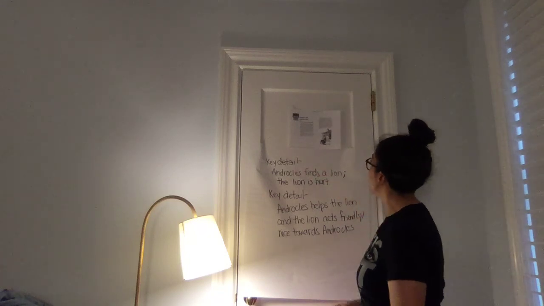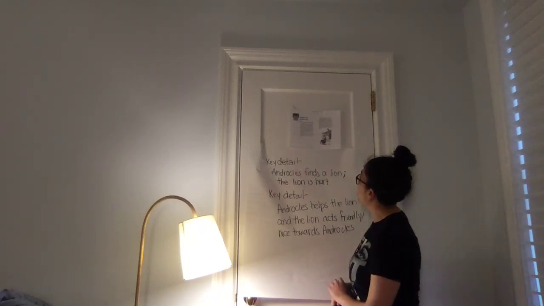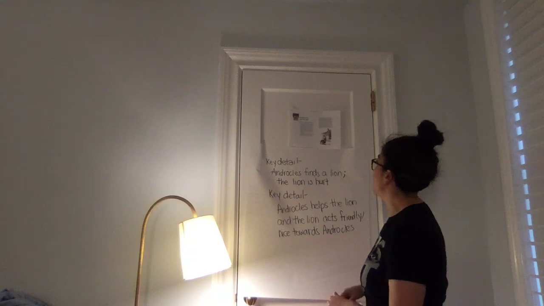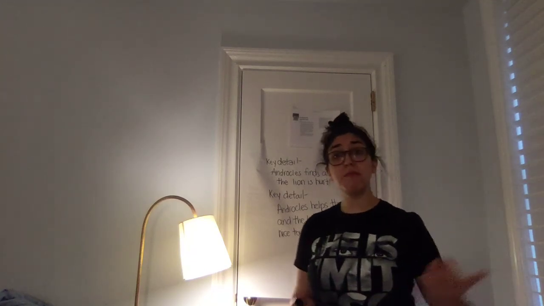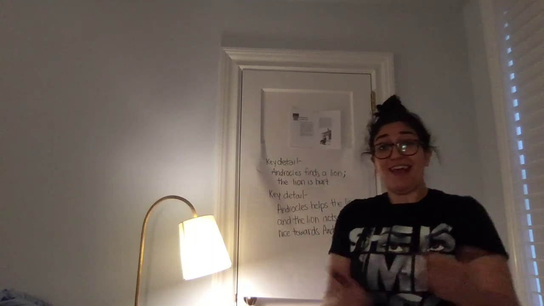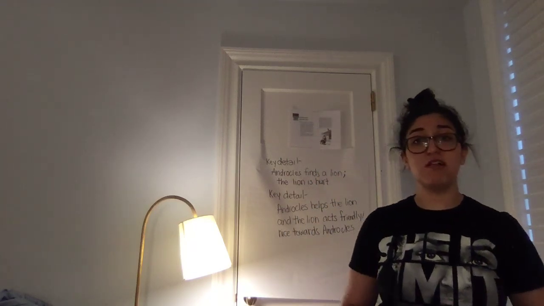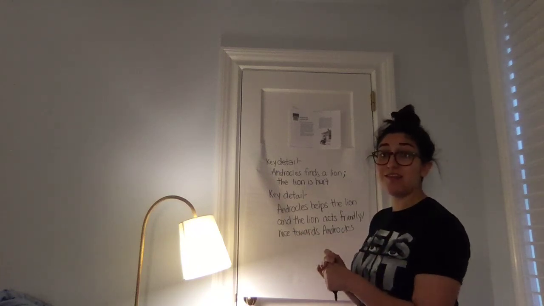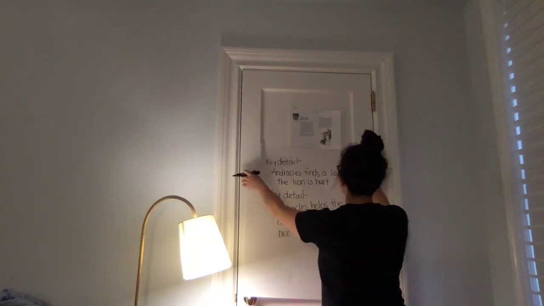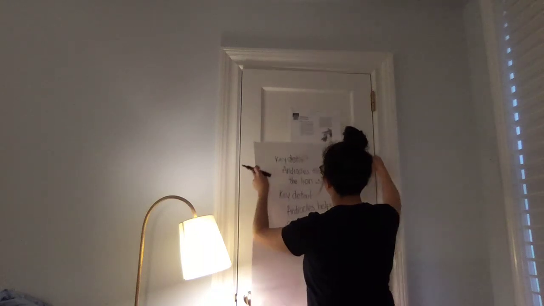And as I continue to read, it says, but shortly afterward, both Androcles and the lion are captured and sent to the city to be part of a public spectacle. Well, it's probably important that they get captured, because had they not gotten captured, they may have still lived in the woods. But instead, they get captured, and that is important. That is going to impact my story. I'm going to write that as the detail.